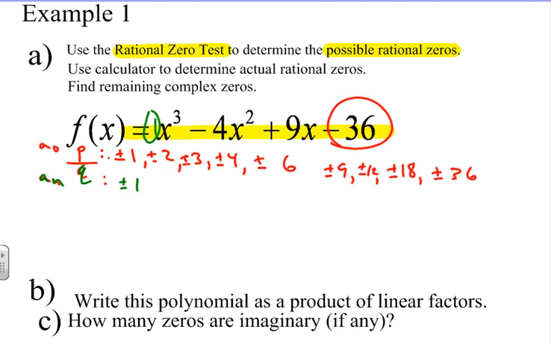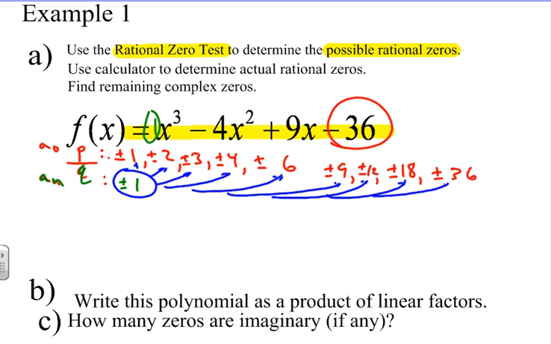Now we're going to divide all the factors of Q into P. If I divide positive or negative 1 into every single one of these terms, 1 divided into each one gives those same values. So all of our possible zeros are just the P values, all the possible factors of 36. So that is P over Q.